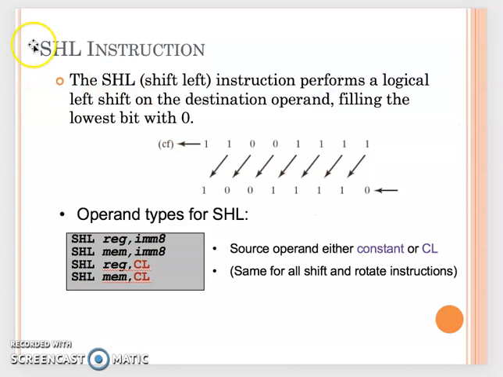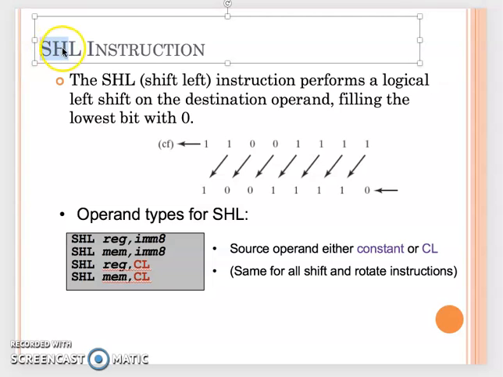The first thing we see in detail is SHL and SHR. When we see SH, that means shift, and the L means you shift to the left. So the SHL instruction performs a logical shift to the left. Here our original bits are 1 0 0, and you have 1 byte, so you have 8 bits. If we shift to the left, each bit moves 1 bit to the left.